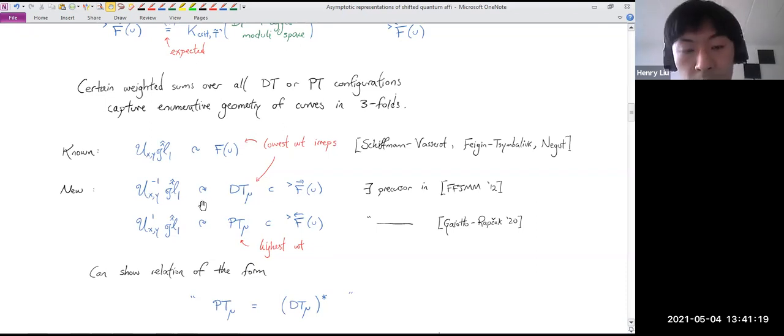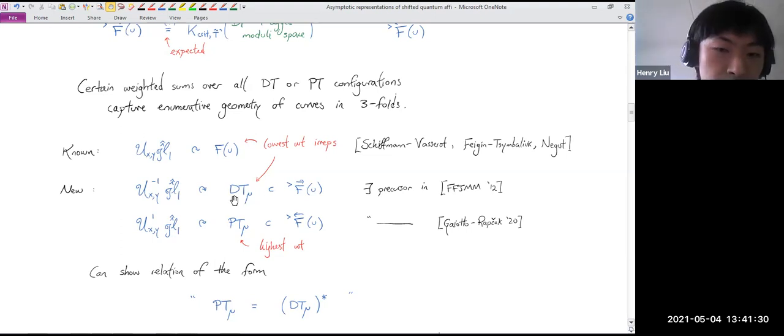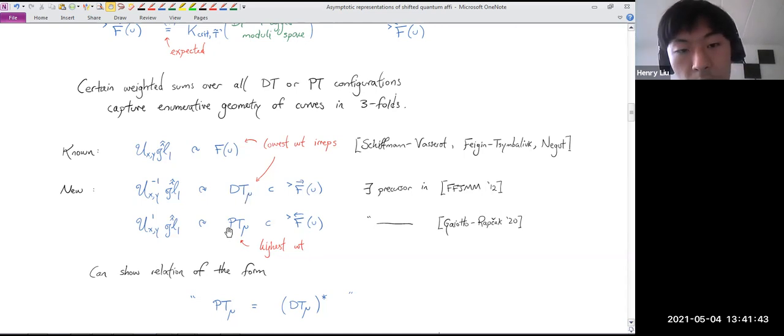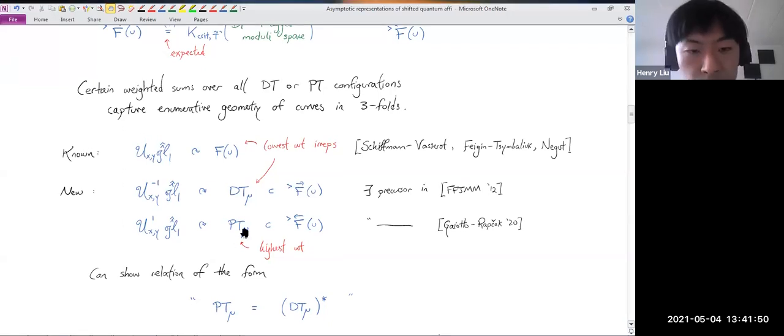For example, we have a group of people who produced a group of papers studying something very similar to our DT mu modules, but not for this shifted quantum toroidal GL1. Rather, they study it for the quantum Borel inside here. And this PT mu, as far as I know, I don't think anyone's really studied it.